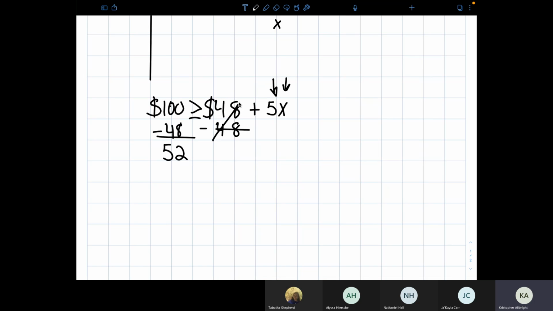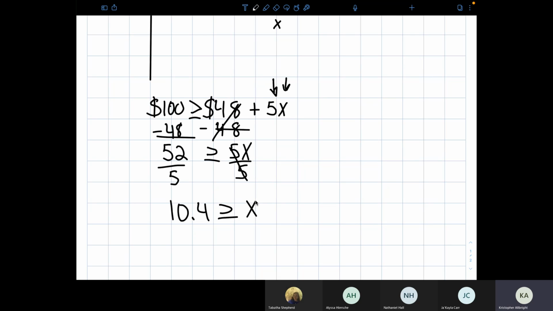So here we're going to get 52. That cancels out. So now we have 5x is less than or equal to 52. So we divide by 5, and we're going to get whatever 52 divided by 5 is. 1.4? No, 10.4. Sorry. 10.4 is greater than or equal to x.